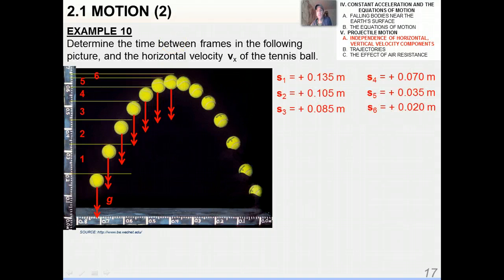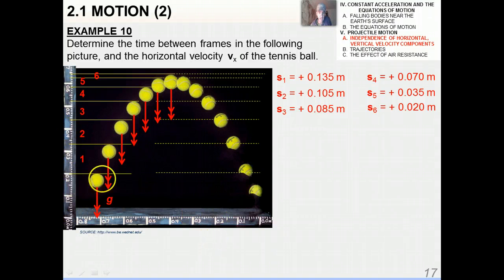Now the first thing I'm going to do is measure, according to the scale, the displacement during each of these intervals 1, 2, 3, 4, 5, 6. These are the values I got. You might want to pause the video and verify that. These are ballpark estimates, obviously, because my instrument is not super precise, but it's precise enough.